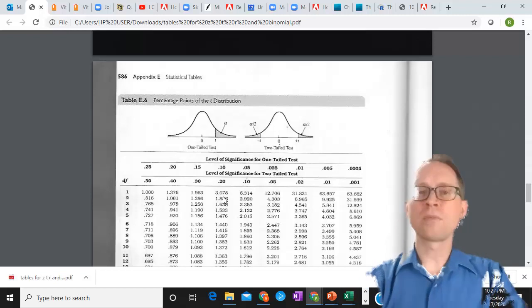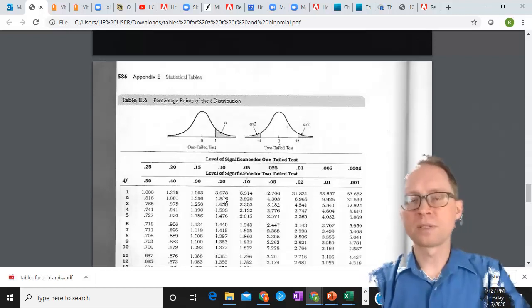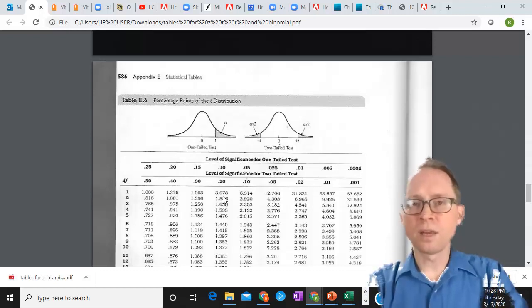So, if I had said in my hypothesis that I think it always makes you hungry and that I don't think it can ever make you less hungry, then I would be talking about this paired samples t-test, and it would be a one-tailed test. All right.